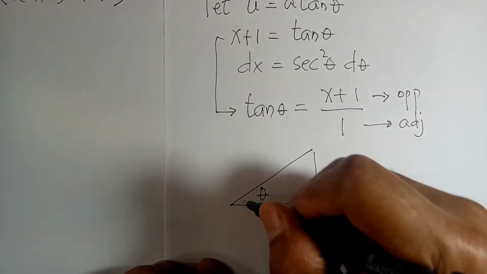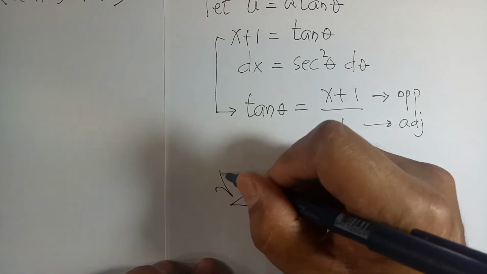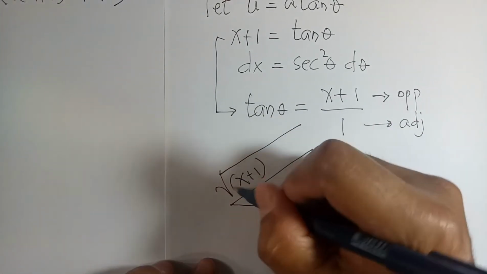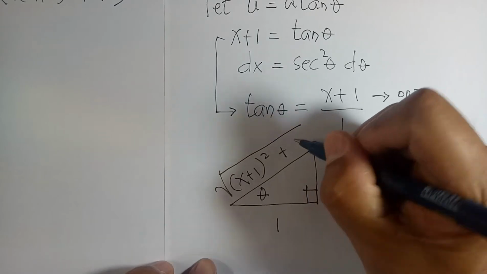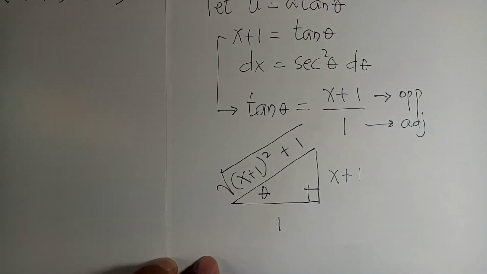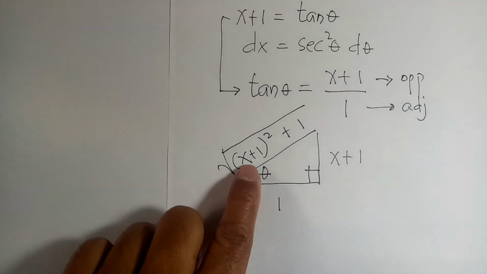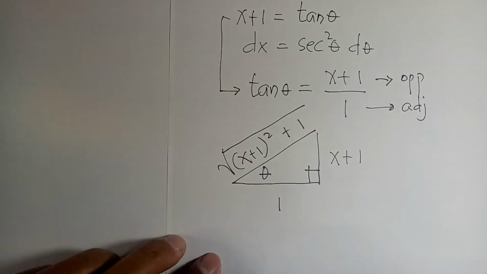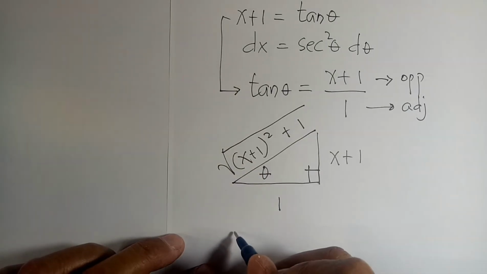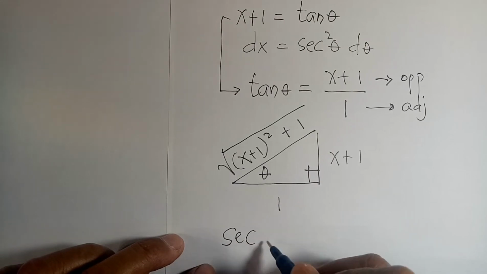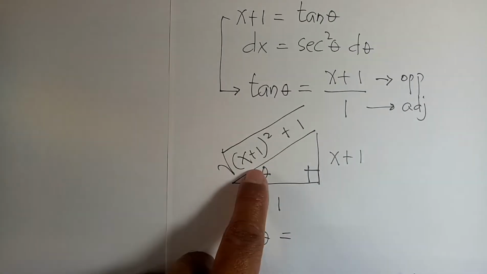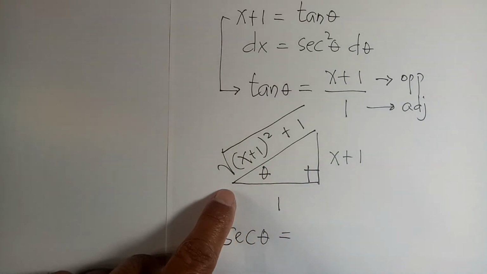So, this will be equal to the square root of x plus 1 squared plus 1. Okay. So, from here, using the secant function, secant of theta is hypotenuse divided by the adjacent side.